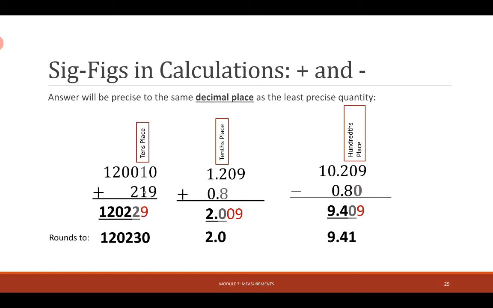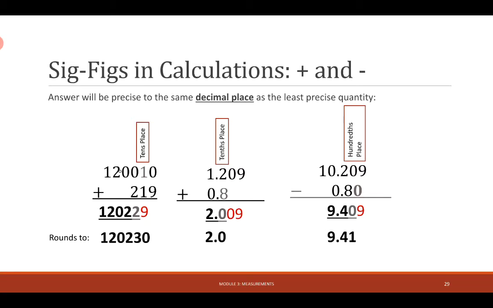In this first example, both numbers are larger than 1. So we have to think for larger numbers. Each of these is a different place in the number. It's not like how many digits after the decimal are there, it's which decimal place is least precise.